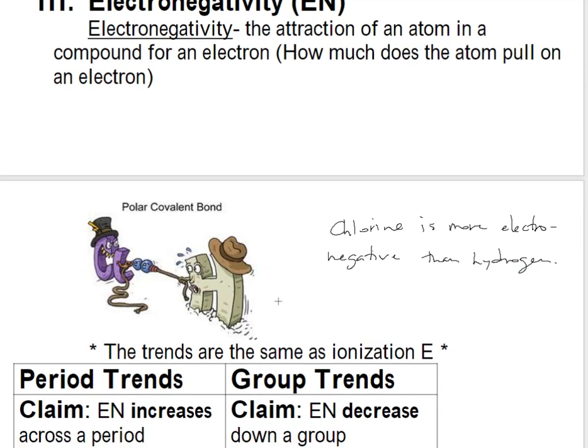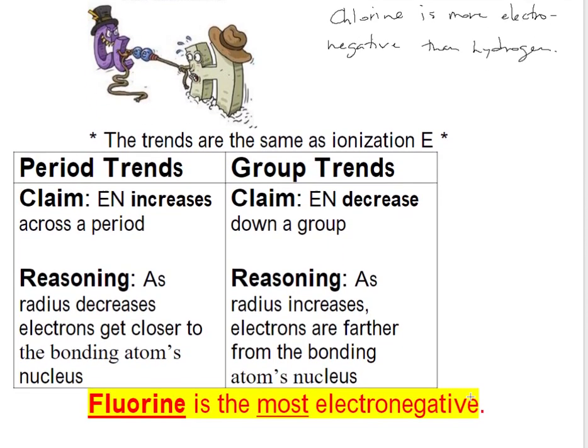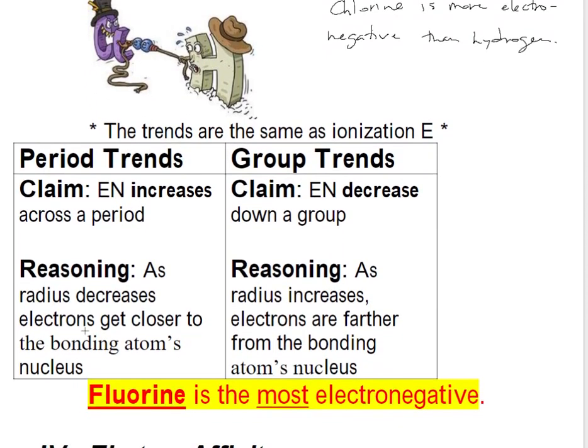The trends you'll see are the same as ionization energy. As you go left to right, the electronegativity increases, and as you go down a group, the electronegativity decreases. It's very similar reasoning. As the radius decreases, electrons get closer to the bonding atom's nucleus, and therefore they're more attracted, because the smaller they are, the greater the force.